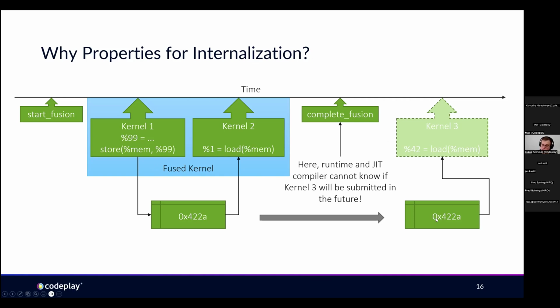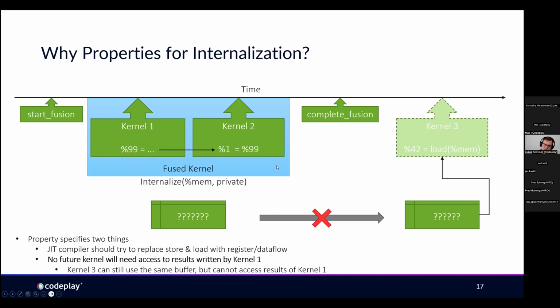So the kernel 3 couldn't be loading from that memory anymore. And because at the time that we call complete fusion, the JIT compiler cannot predict the future. So the JIT compiler will not know whether there will be a kernel 3 that needs to read this memory here or not. So with the property, you basically express, okay, it's okay to internalize that. Kernel 3 might be using the same buffer, but kernel 3 doesn't care about the results produced by kernel 1 in this case. So this is the second thing that the property specifies. And this is why we also need this property to not require our JIT compiler to predict the future.